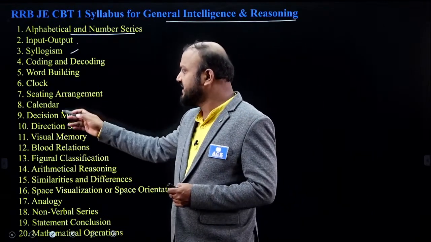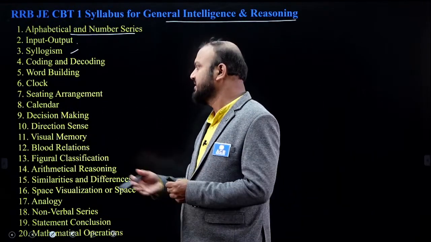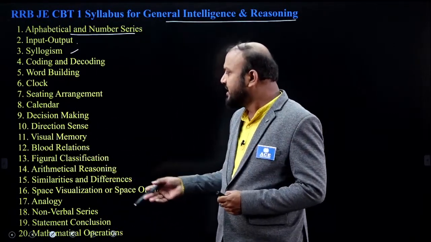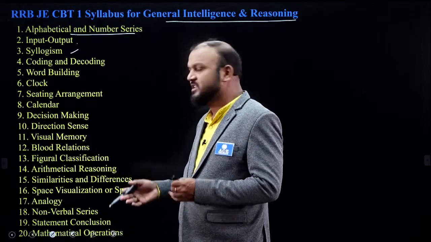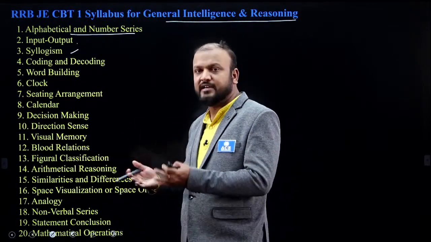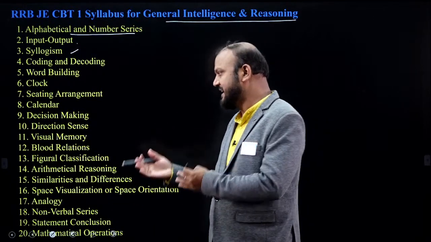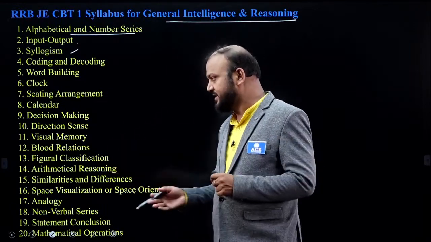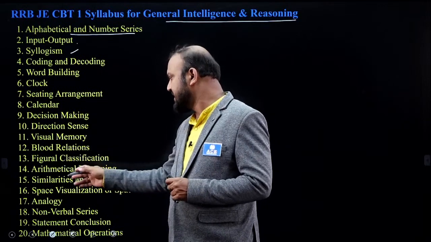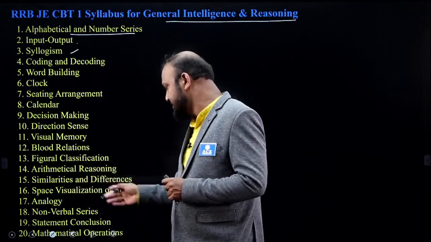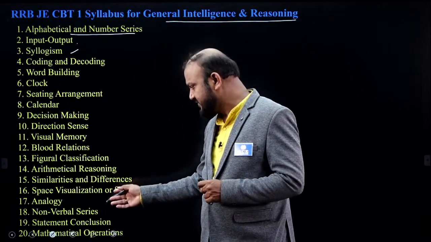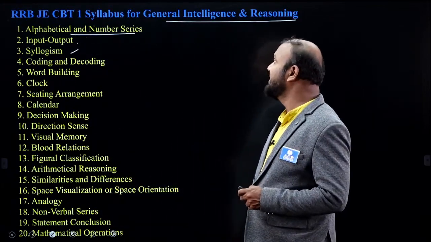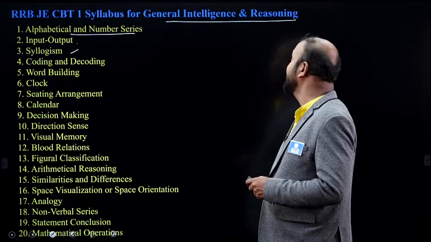Also decision making, direction sense, visual memory, blood relations, figural classifications, where you will be given a set of figures and need to identify which is matching or which is not, arithmetical reasoning, similarities and differences, space and visualization. Totally 20 topics are there under general intelligence and reasoning.